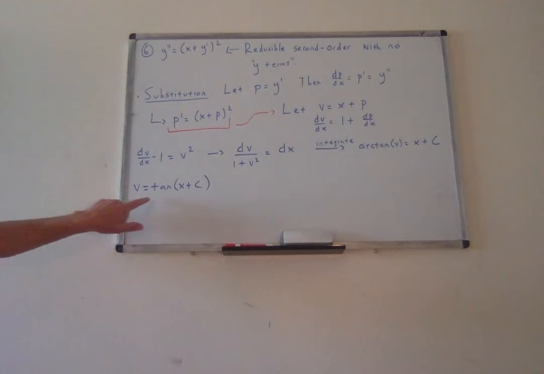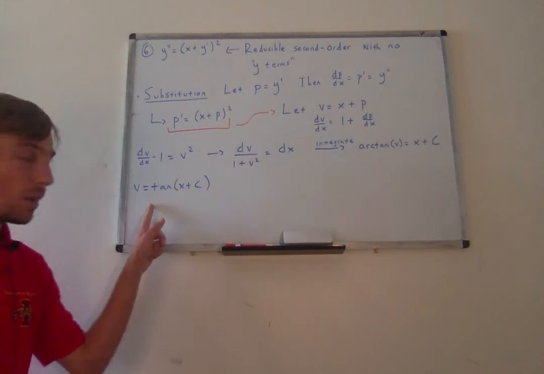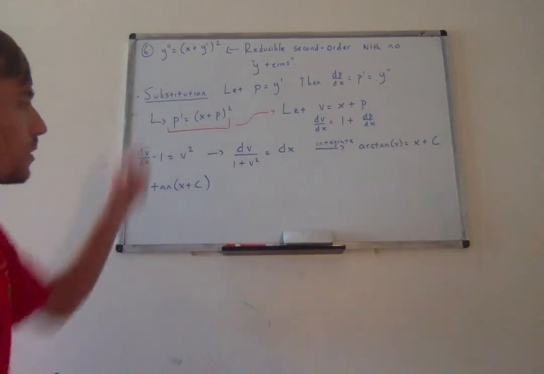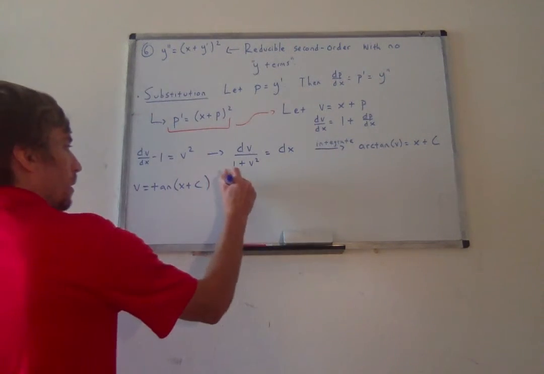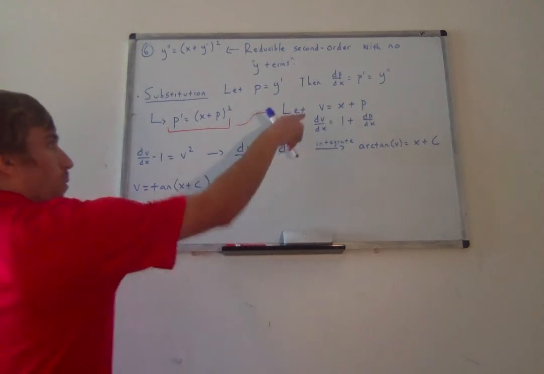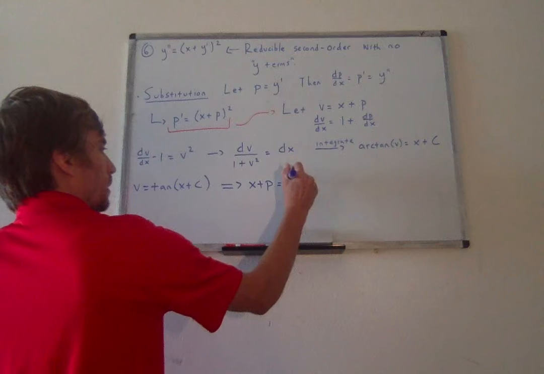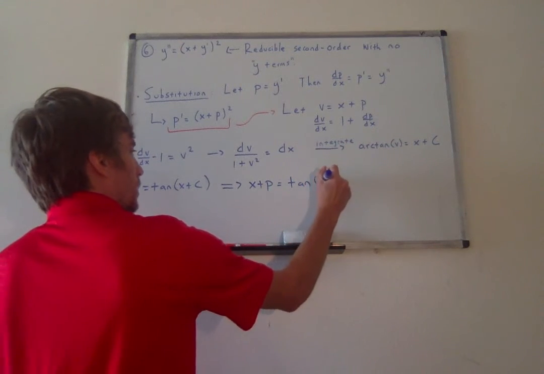Well, now we made two substitutions to get here, so we'll have to make two more substitutions to get this back in terms of x and y. So first, v was equal to x plus p, so this means that x plus p is equal to the tangent of x plus c.